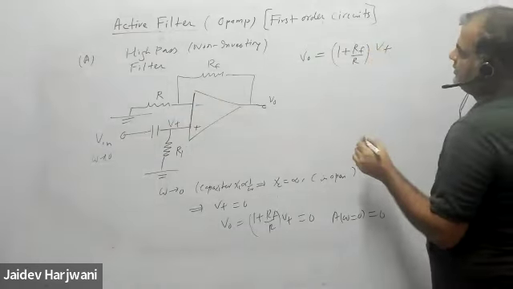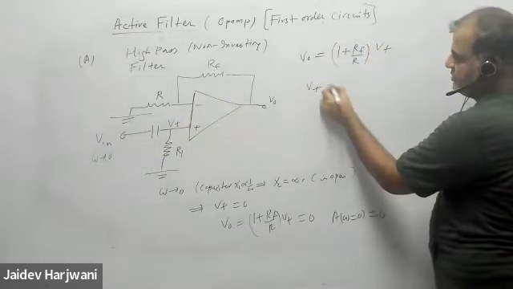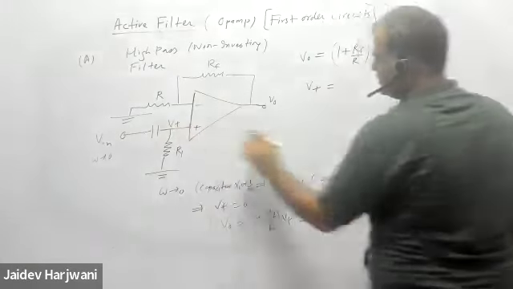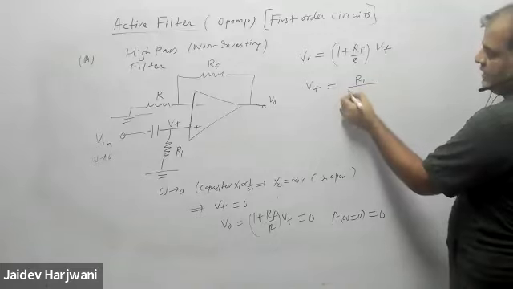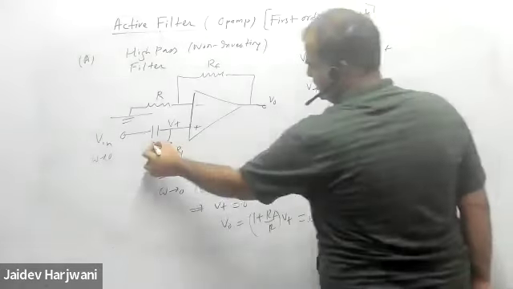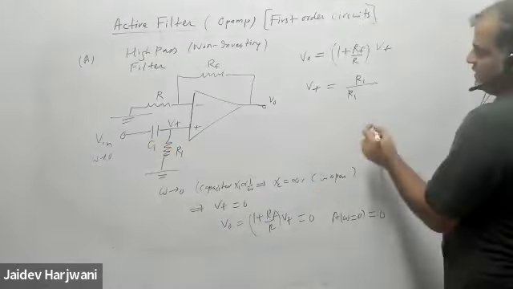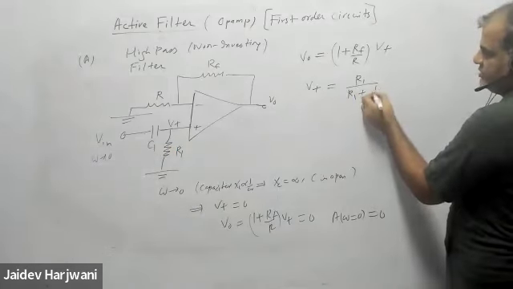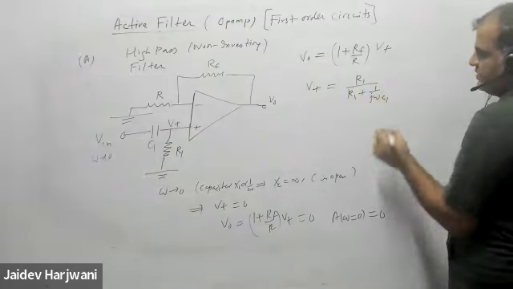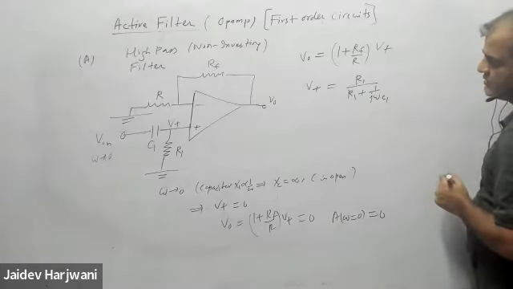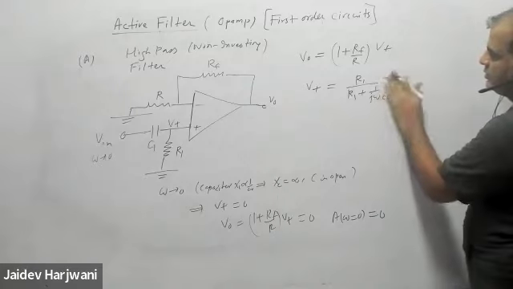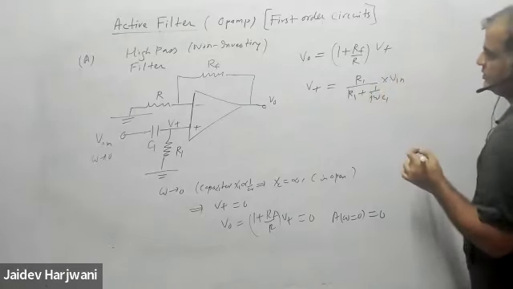And V plus is R1 upon R1 plus 1 upon j omega C1, in series, into V input.